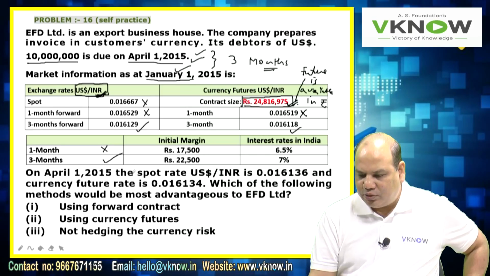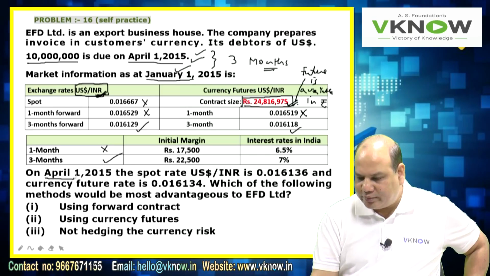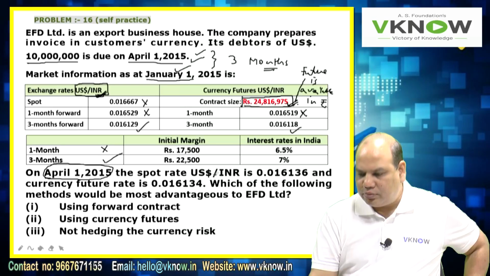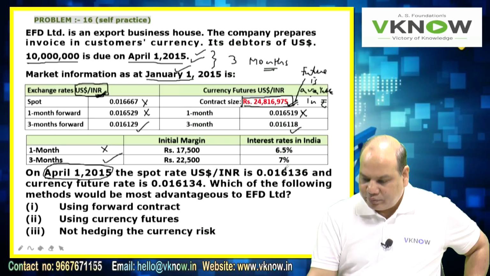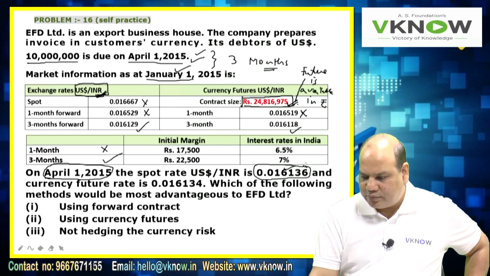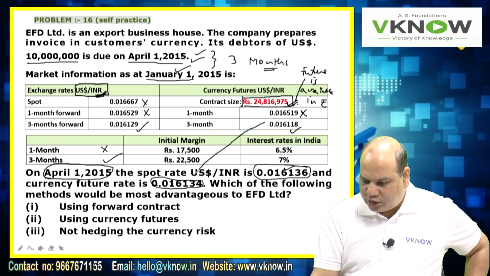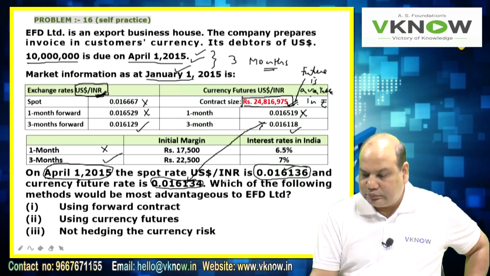On 1st April 2015, that is, this is the maturity date. The spot rate US dollar per INR is 0.01636. This is relevant for converting dollar into rupees, and currency future rates are 0.016134. This is for calculating the gain or loss on future contract.